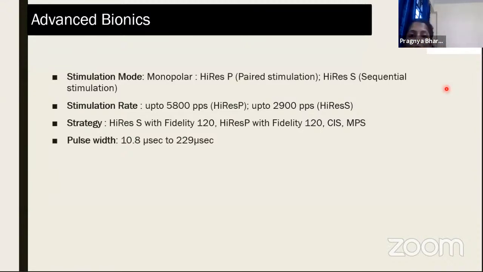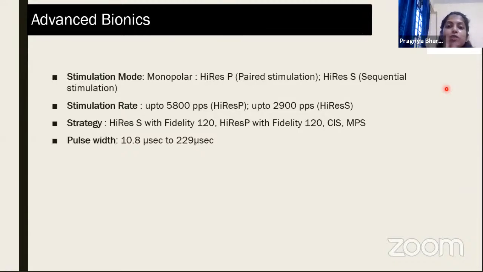Having this high number of channels and using a sequential mode of stimulation, they are able to use very high stimulation rates, up to about 5,800 pulses per second, using the HiRes P stimulation strategy.